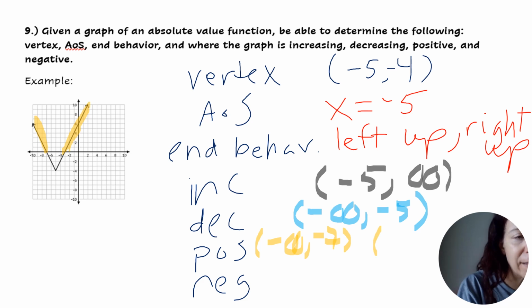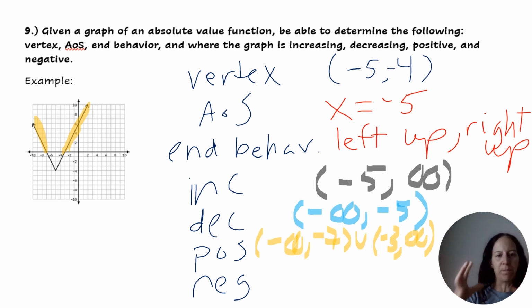And then it's positive again at -3 and continues on to infinity. And then you'll see that little union symbol between them, just meaning both of these work. It means union them together. So this and this together are the positive intervals.